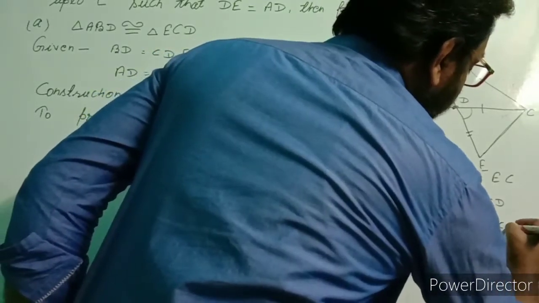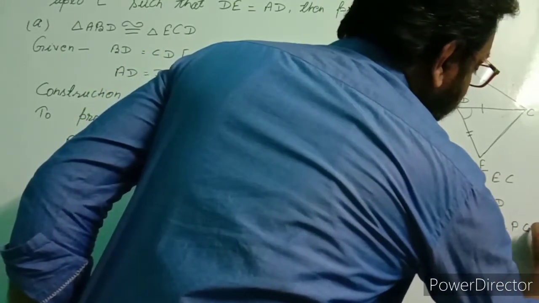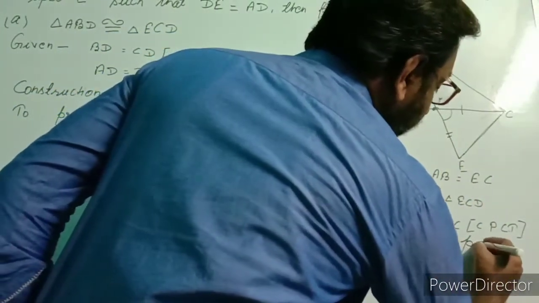We say from CPCT, full form corresponding parts of congruent triangles. This is also proved.